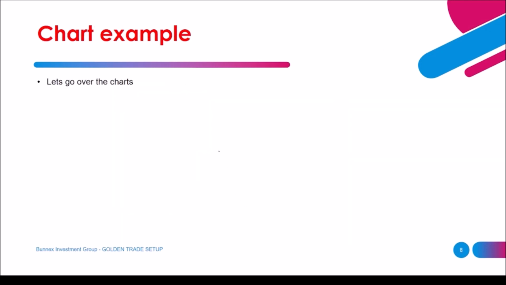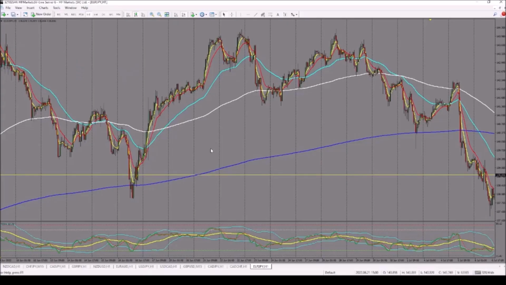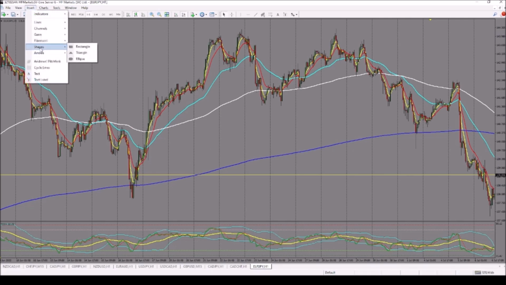So let's go over the charts to have an example of everything that we were talking about. All right, so in this case, we are on Euro against Japanese yen. I'm going to use the H1 time frame for illustration's sake, and on that, I'm just going to mark some levels.